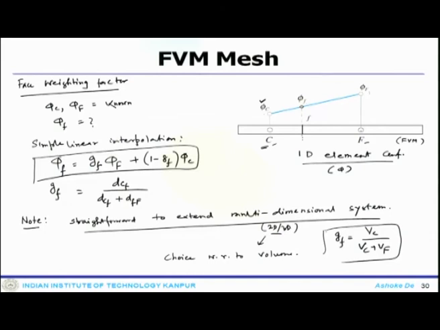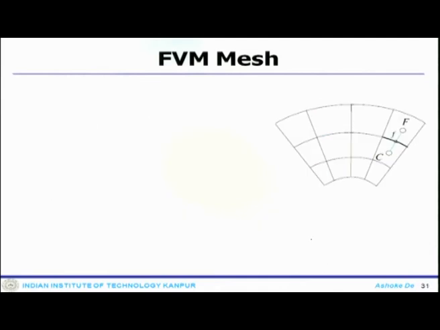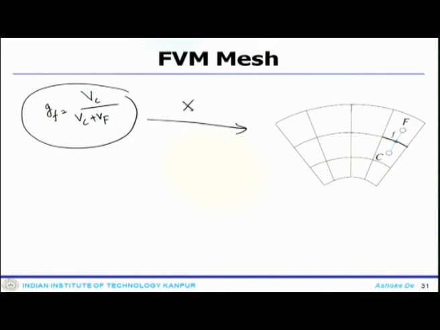But having said that, it is very important to note this is not going to be straightforward, because this may work for certain cases and may not work for others. For example, the definition of GF, Vc divided by Vc plus Vf, does not work for this kind of case.